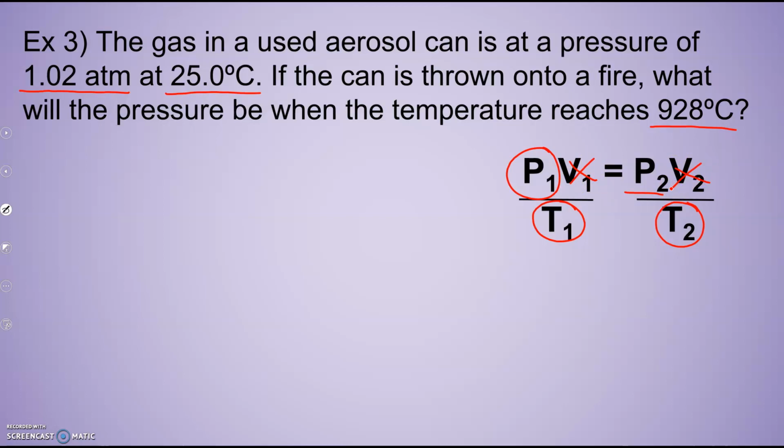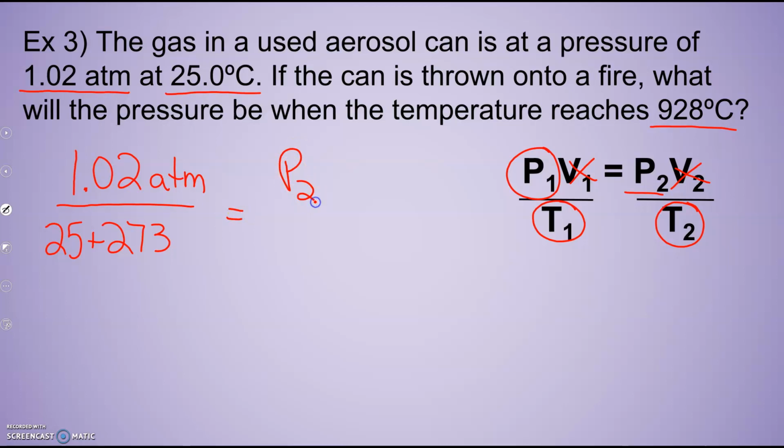So plug this in. Our initial pressure, 1.02 atm over, okay, temperature cannot be left in degrees Celsius. So we have to go ahead and convert that to Kelvin by adding 273. Okay, that's equal to, we don't know what P2 is, and then temperature 928.